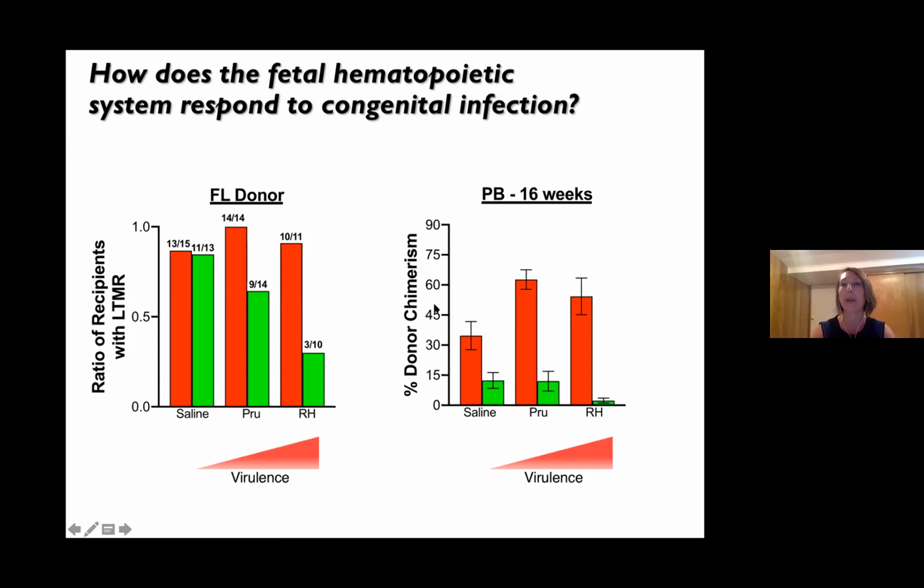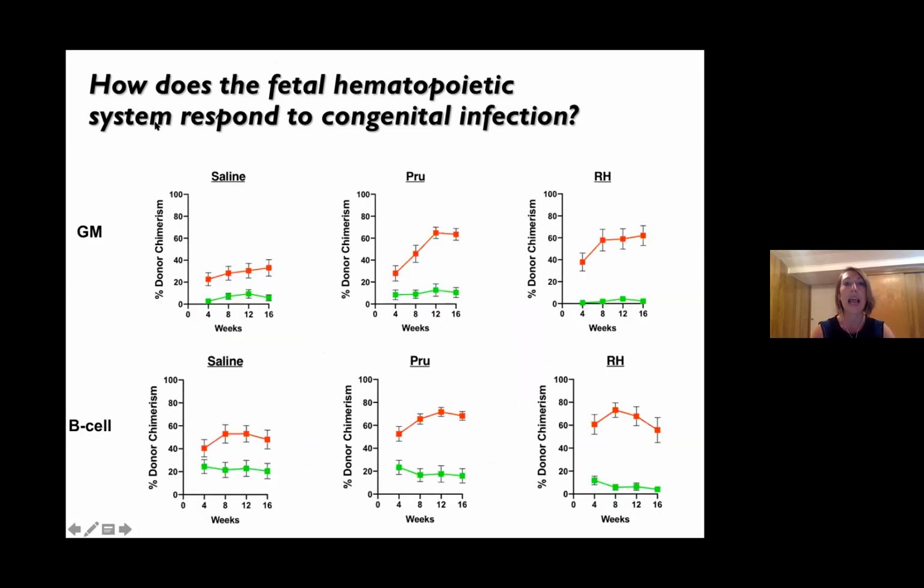So again, we observed that our tomato-positive adult HSCs, isolated from the fetal liver, have higher levels of chimerism after 16 weeks as compared to the saline controls. When we look at this across multiple lineages, and I'm just showing you two here, one myeloid, granulocyte macrophages, and one lymphoid, B cells, we see this across all lineages.